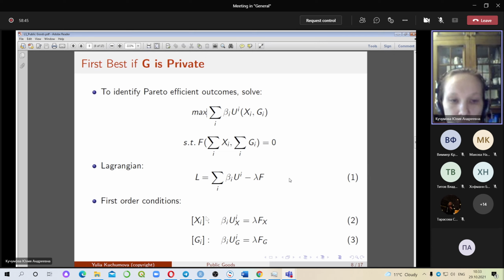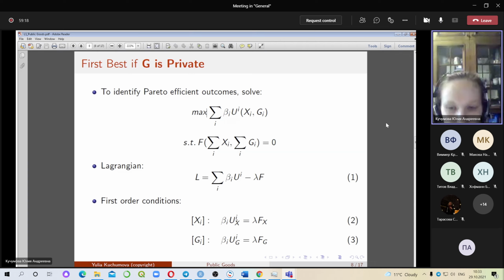We now need to take the first order conditions. We maximize the Lagrangian, and we first take the first order condition with respect to xi. Once we do that, we obtain the following condition: beta i multiplied by the derivative of ui with respect to x.